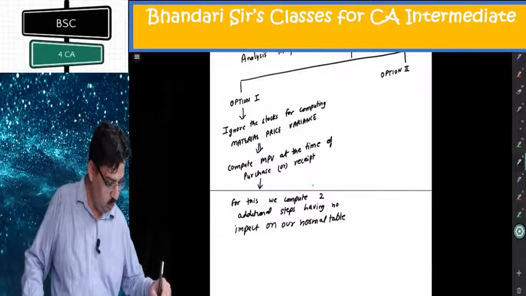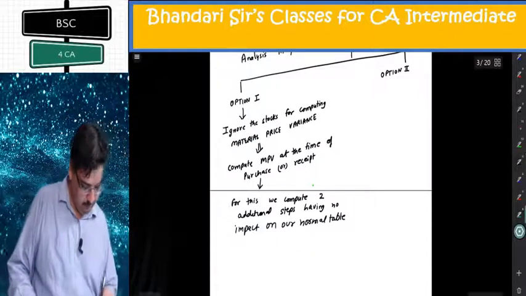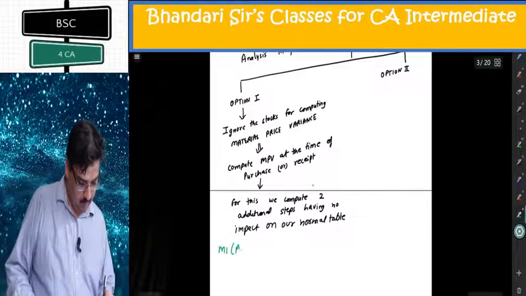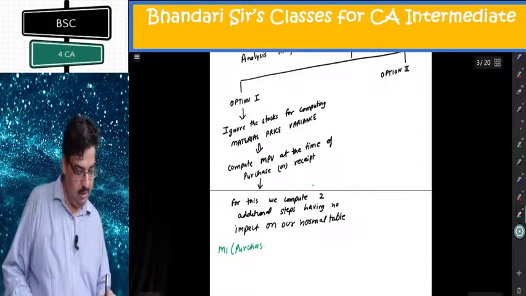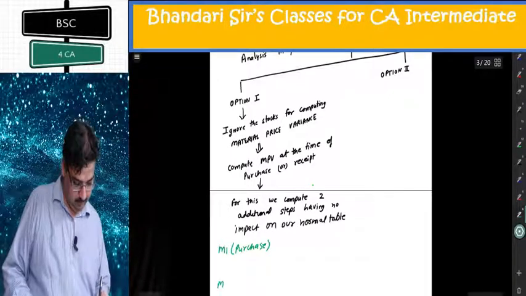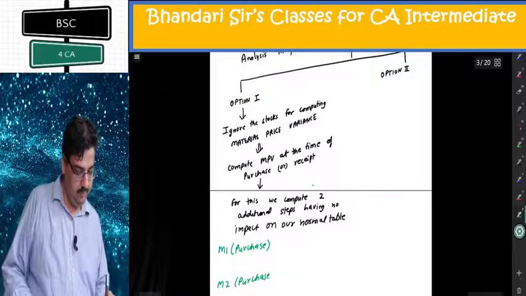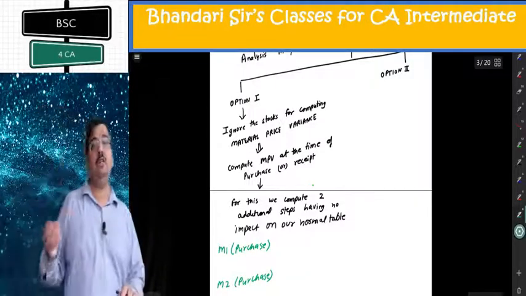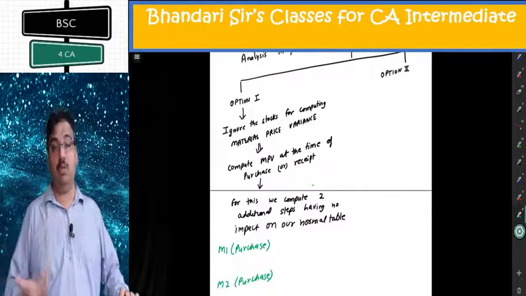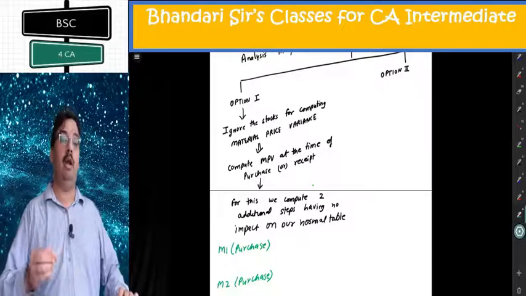Now, what are those two steps? M1 purchase and M2 purchase. Means instead of consumption quantity, on purchase quantity we compute M1 and M2.